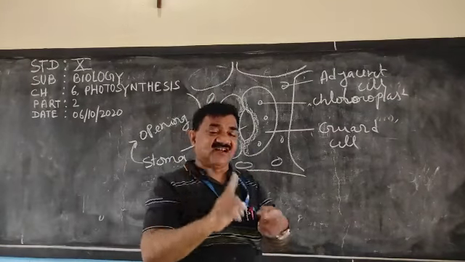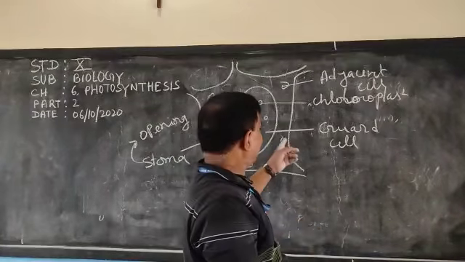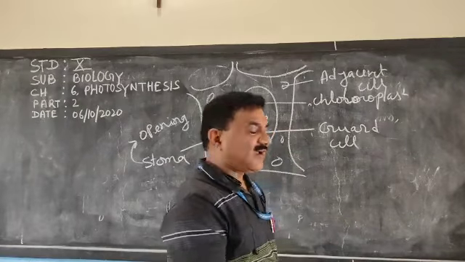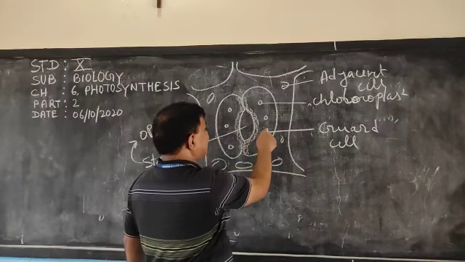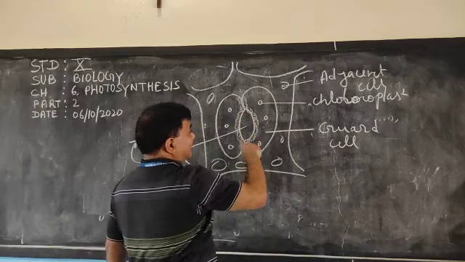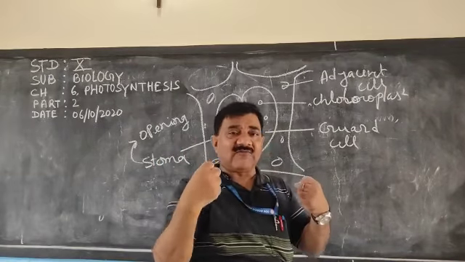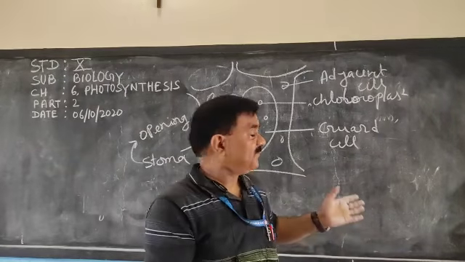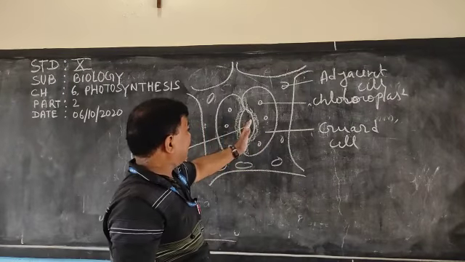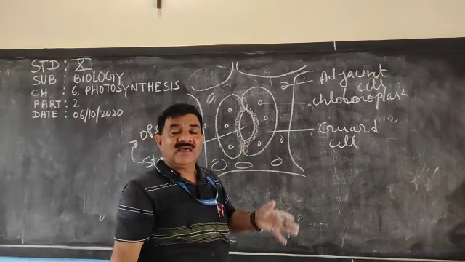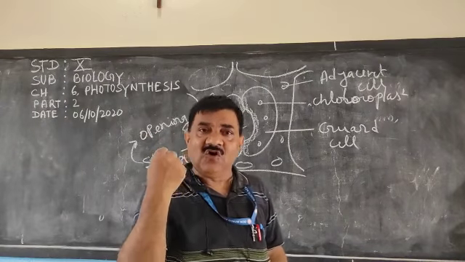If the guard cell is turgid, what will happen? The stomata will open. Because if it becomes turgid, then the inner wall, which is thick, and the outer wall, which is thin, the outer wall will bulge outside and less bulging will be there in the inner wall. As a result, this stoma will open.